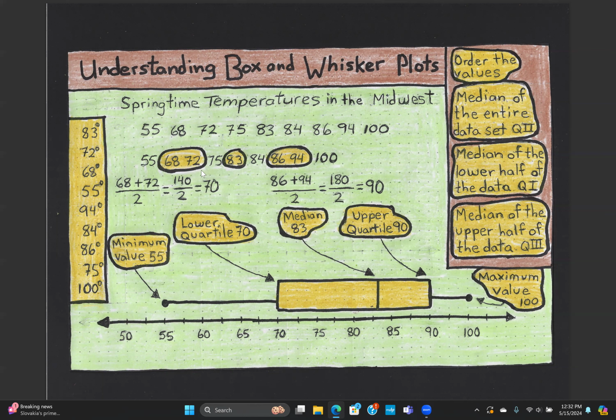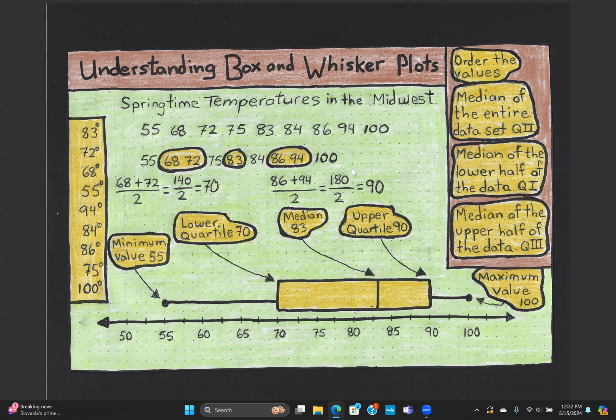Then we have a true median of this data set. And so in this case, we have 68 plus 72 divided by 2, which is 140 divided by 2, which will give us 70. And 70 is the median of the lower half of the data. And that is called the lower quartile. And 70 right here, we're going to create a line to help form our box.